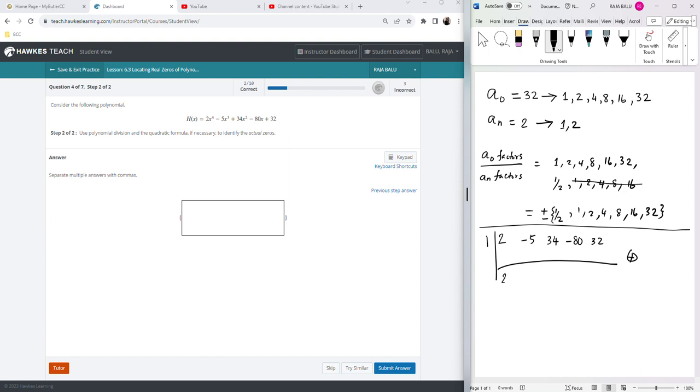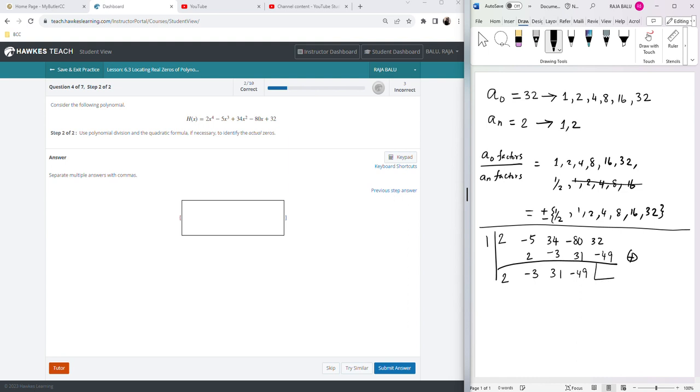So copy the 2 down. 2 times 1 is 2, so it's negative 3. And negative 3 times 1 is negative 3. That'll be a 31 here. 31 times 1 is 31. Negative 80 plus 31 would be negative 49.